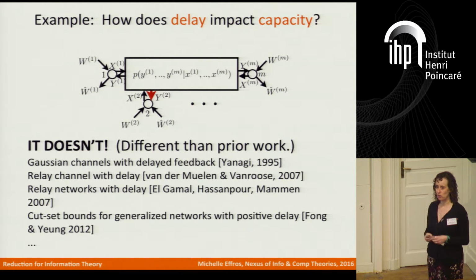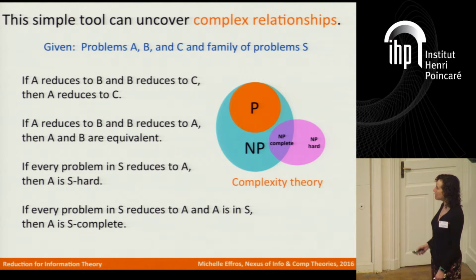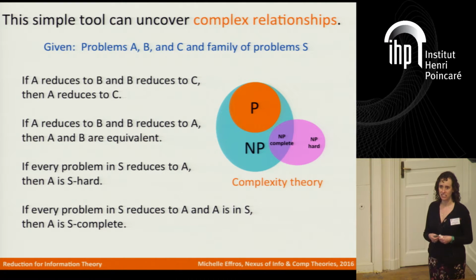And so we don't have a contradiction with these prior results, but it's interesting that it contrasts with all of these examples, every single one of which in some way suggests that delay changes your capacity, and under certain assumptions it does.